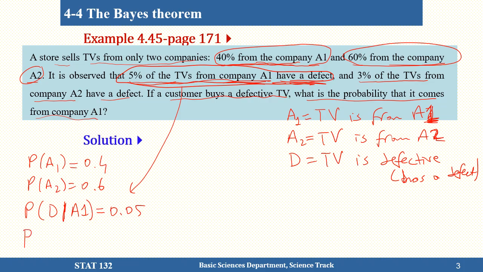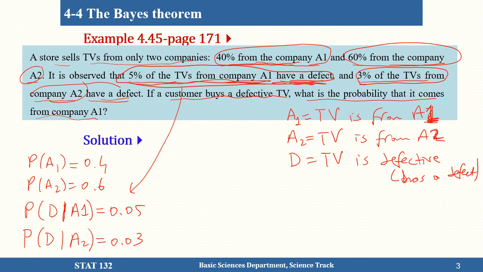You can write the other one also as a conditional probability. If you buy a TV from A2, what's the probability that it's defective? We know that 3% of the TVs from company A2 have a defect, so it will be 0.03.